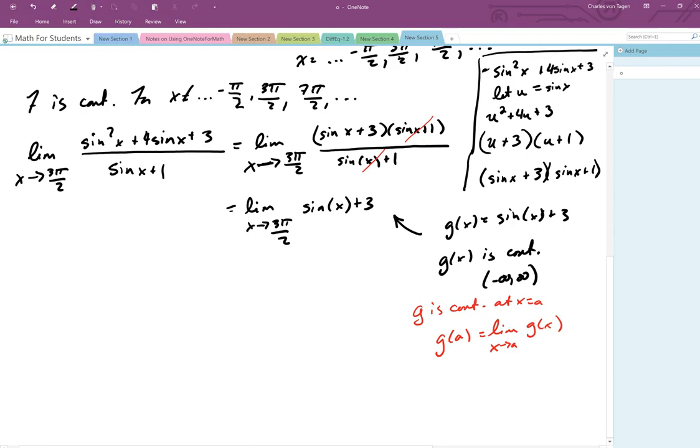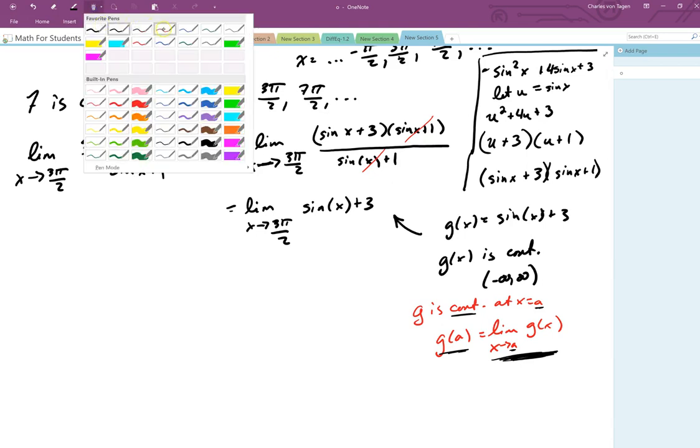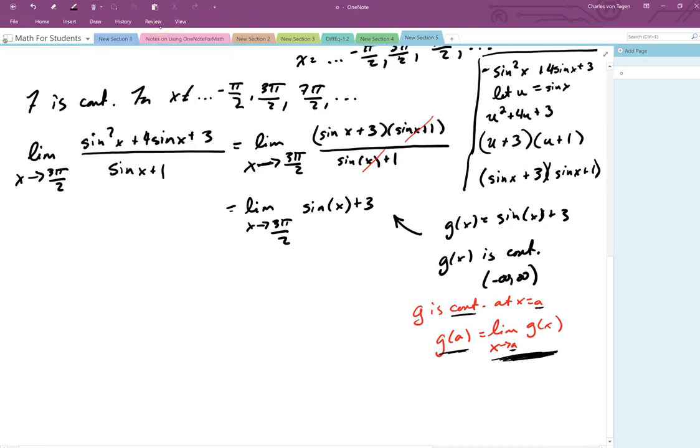Well, this says that if I ask you to evaluate the limit of a function at a place where it's continuous, then evaluating the limit is the same thing as evaluating the function. Put another way, we're able to use the property of direct substitution on this.